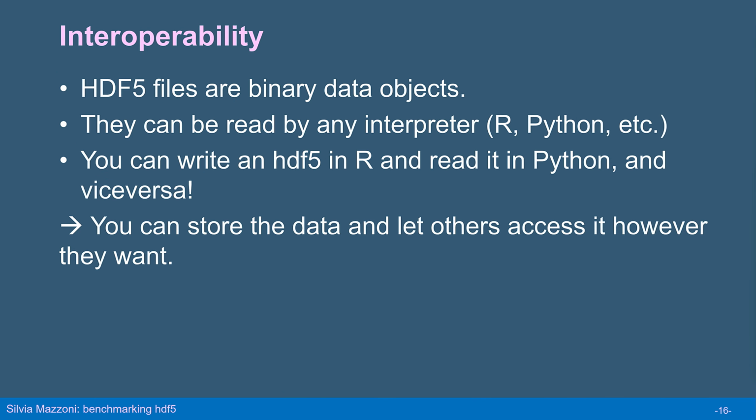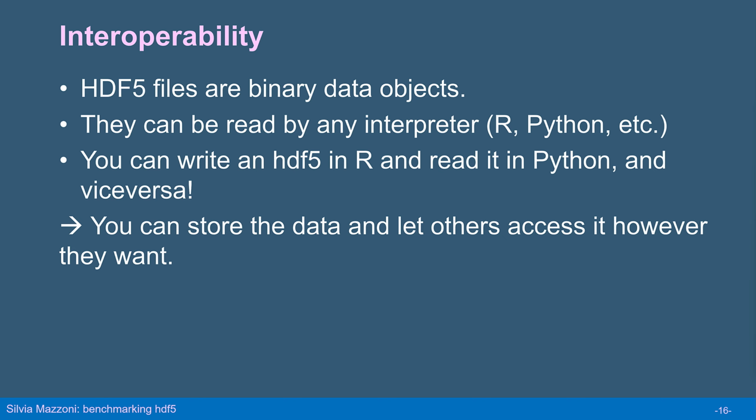One great feature of the HDF5 format is its interoperability, which means that HDF5 files are just binary data objects. They can be read by any interpreter. You can read them in R, Python, MATLAB, whatever other program has written an interpreter for this data, which means that you can write an HDF5 file in R and read it in Python, or vice versa.